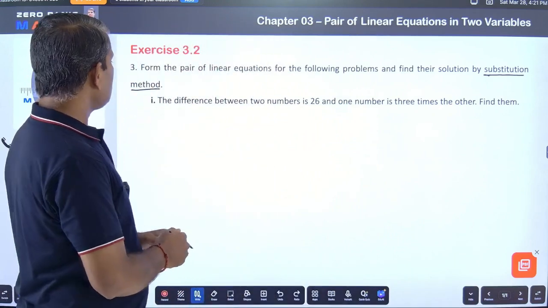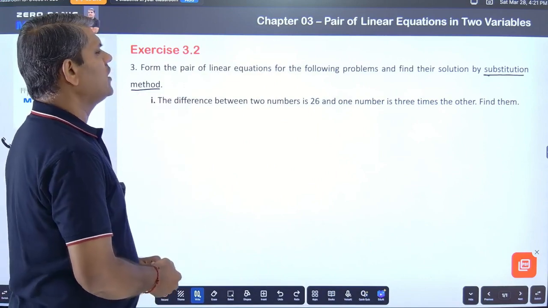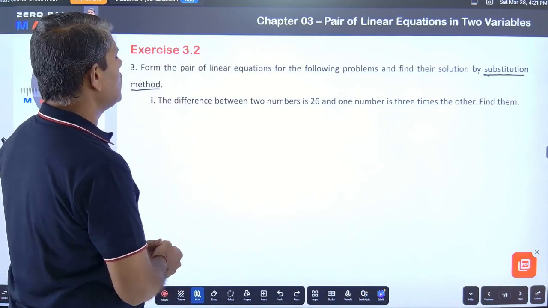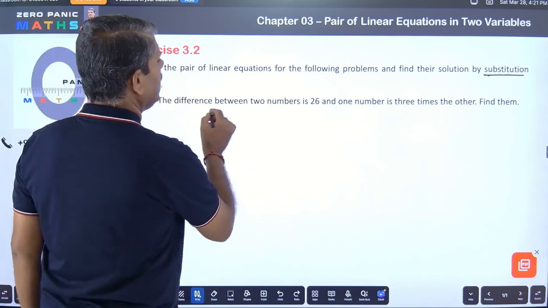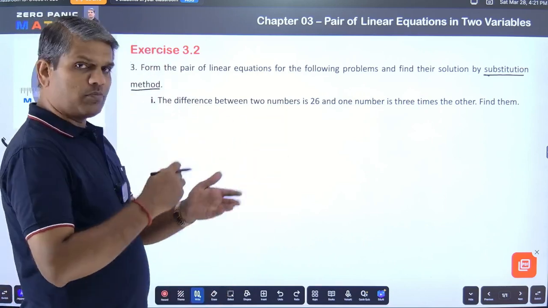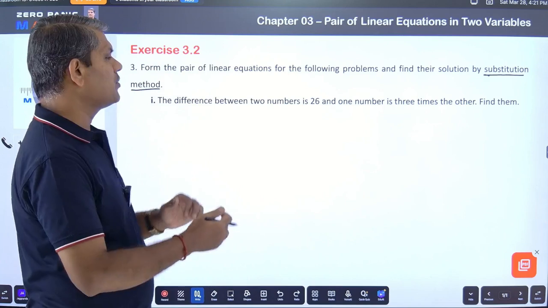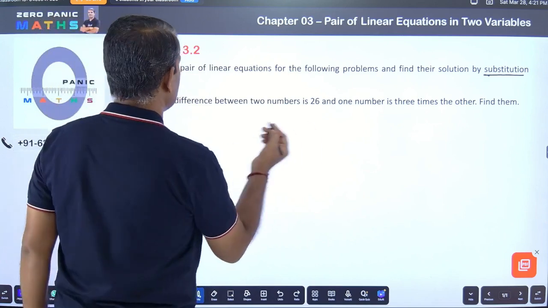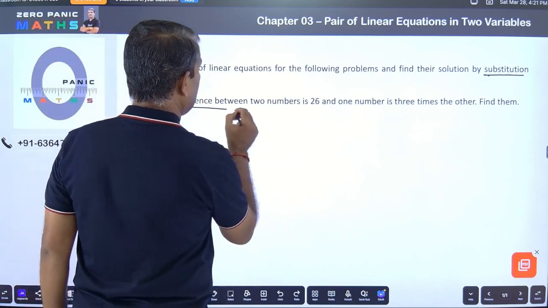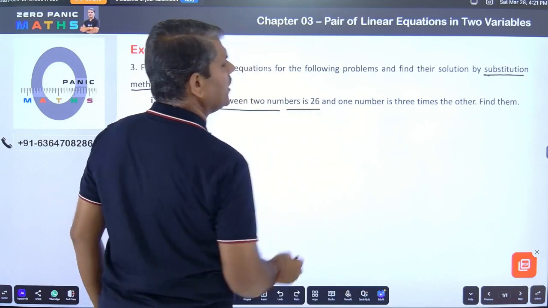Now let us continue our discussion on the next problem. So what is the problem? First of all, we need to look at the problem, form the equations out of that problem and solve those equations by the substitution method. The difference between the two numbers is 26.